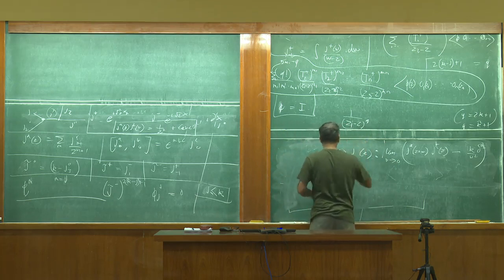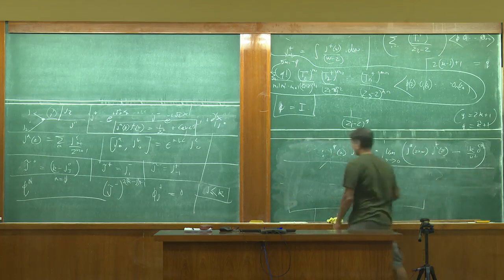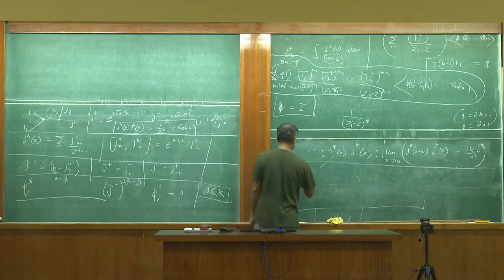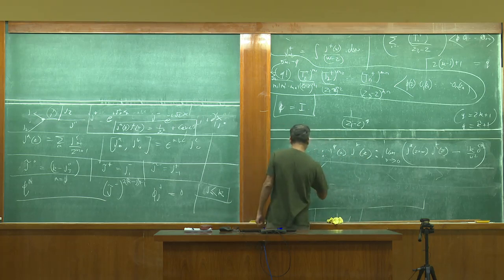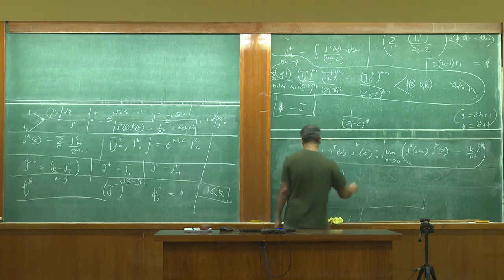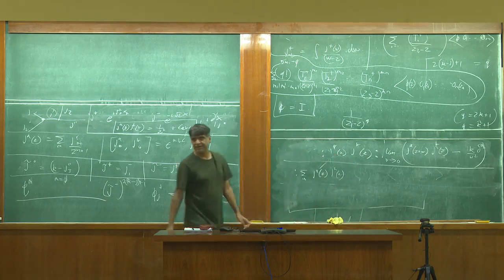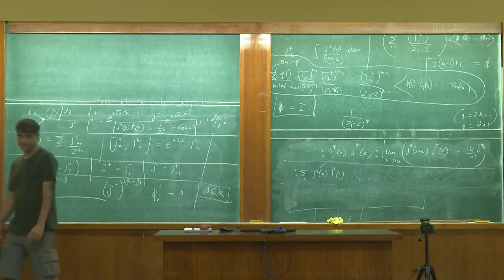Let me separate. Suppose I call this J^B. There is no sum over A either left or right. Now let me study the sum over A, J^A(z) J^B(z). Let me study this operator. What's nice about this operator?